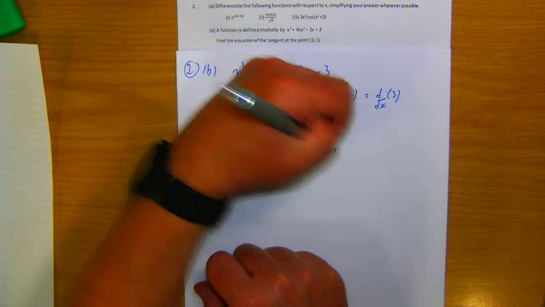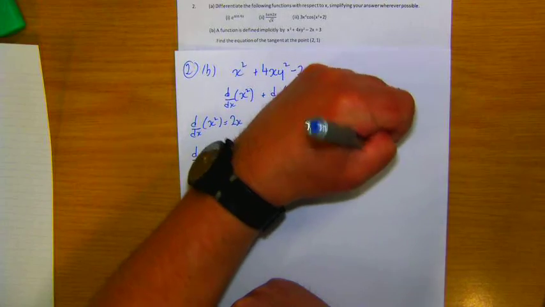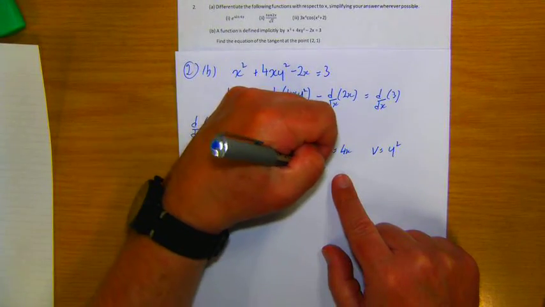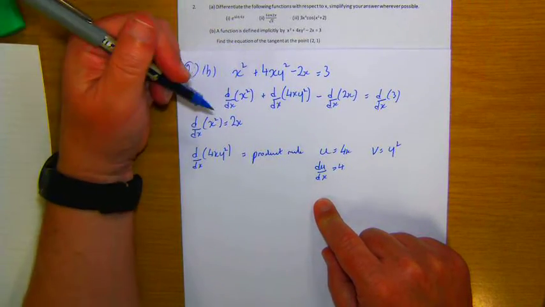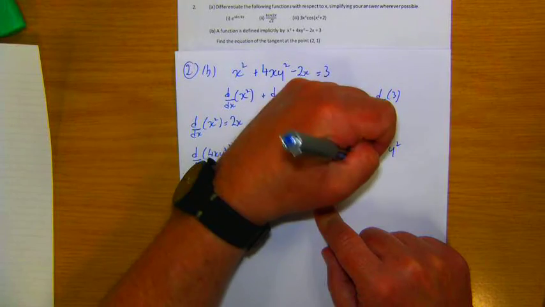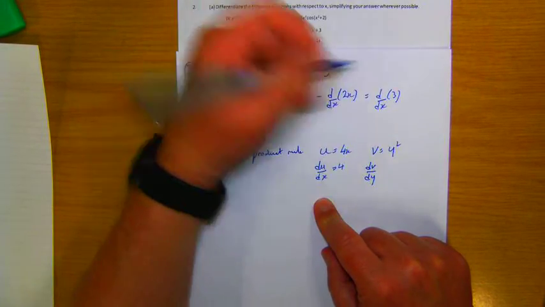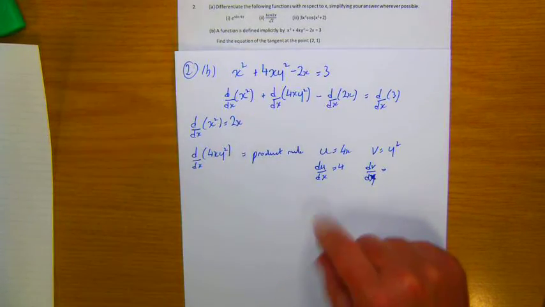So we let u equal 4x, and we let v equal the y squared. I can differentiate this with respect to x and get 4. Now remember, I'm differentiating with respect to x, so I'm not doing dv dy here. I'm differentiating it with respect to x.